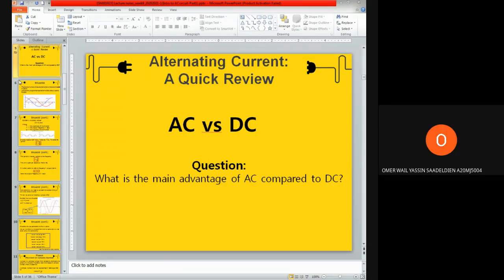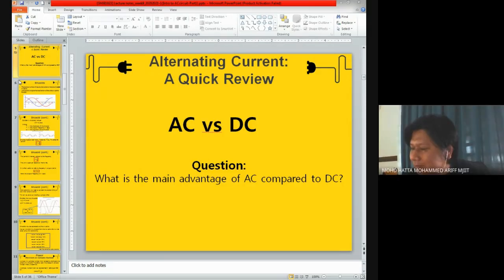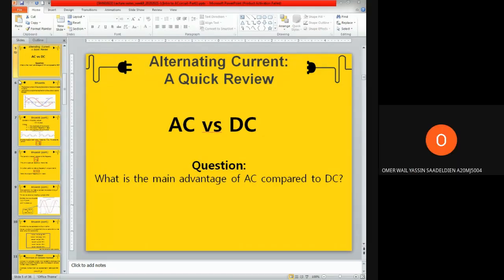I think AC is alternating current, which we can alternate ourselves. Yeah, it's easier for us to convert AC electricity than it is to alternate DC.